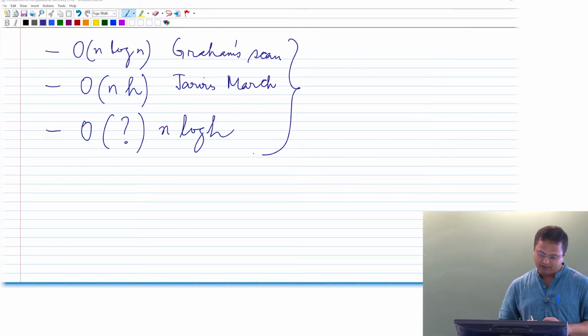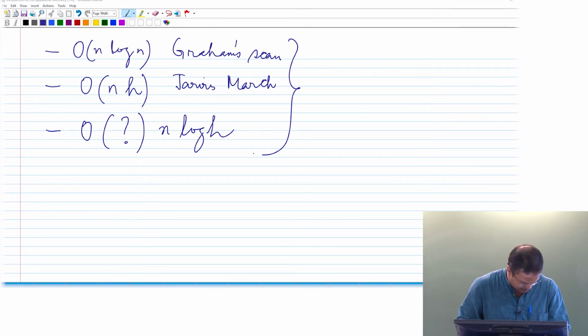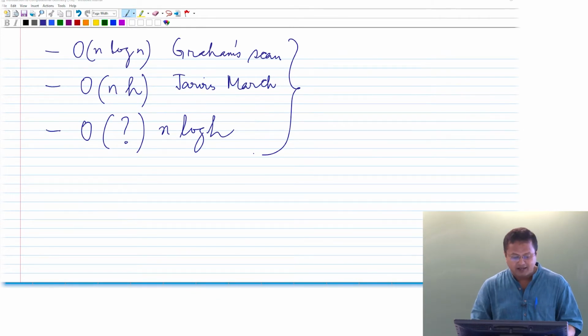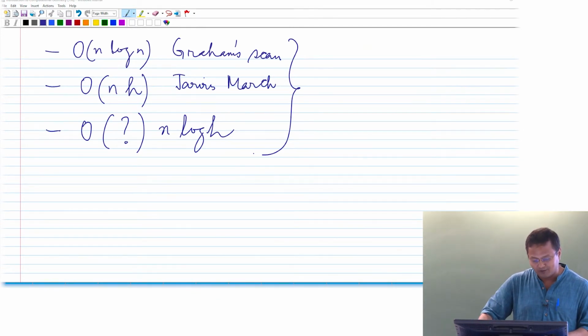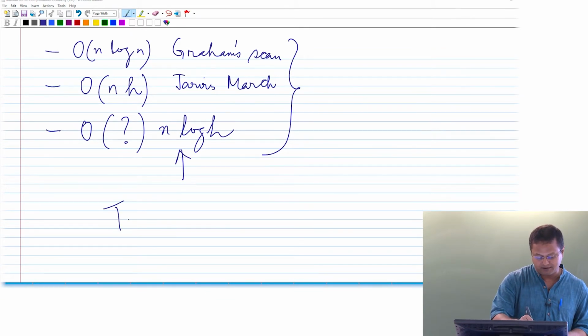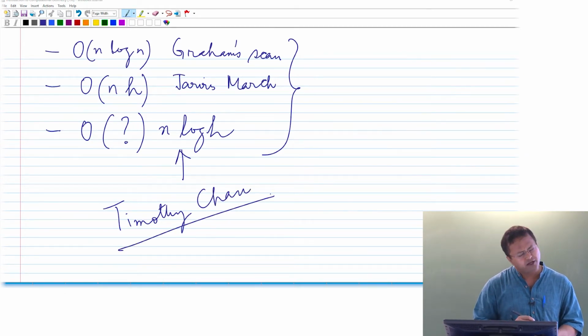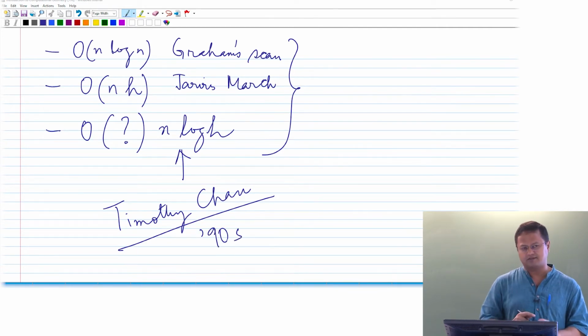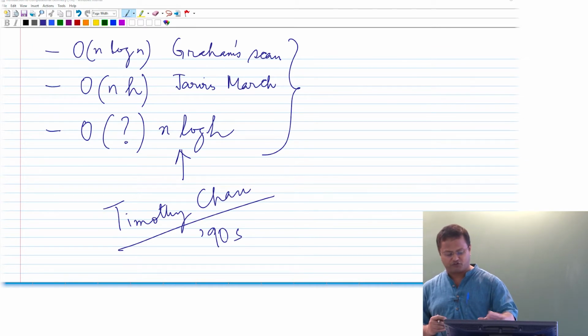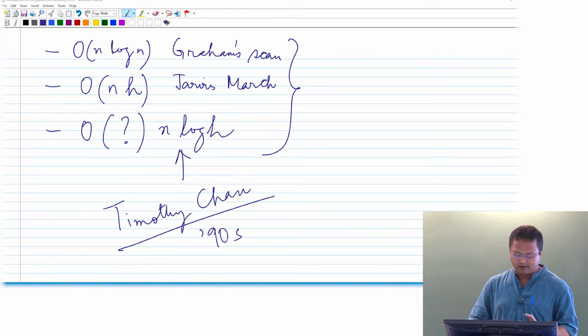Okay. But in doing so, we will use a nice algorithm, which was a paper by a very great computational geometer, Timothy Chan, and if I remember correctly, it was in the 1990s. So, it is an algorithm of recent vintage, mid 1990s if I am correct.